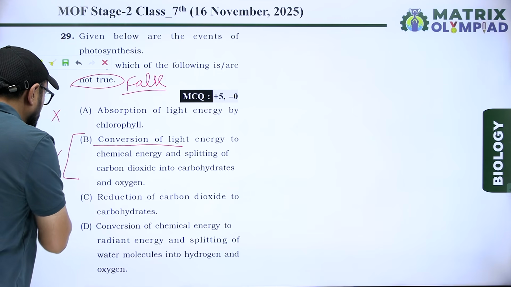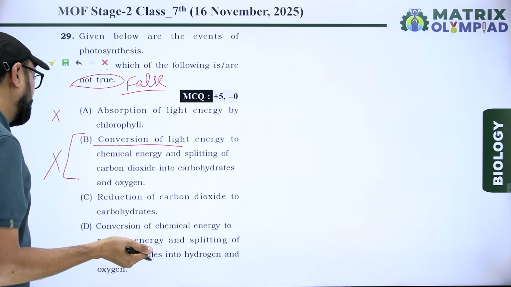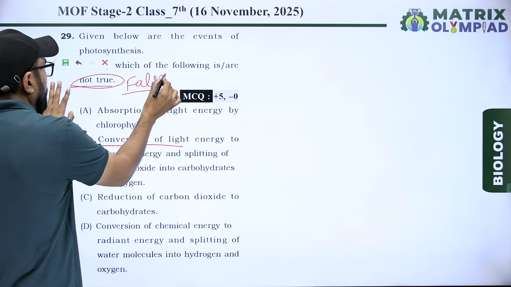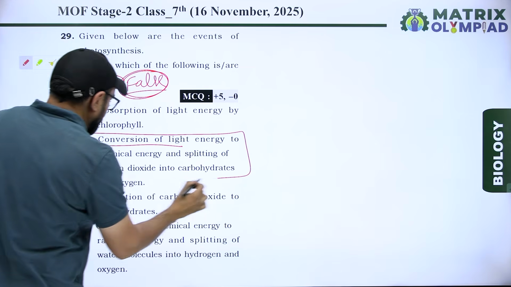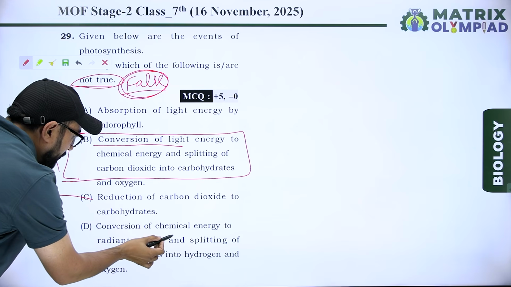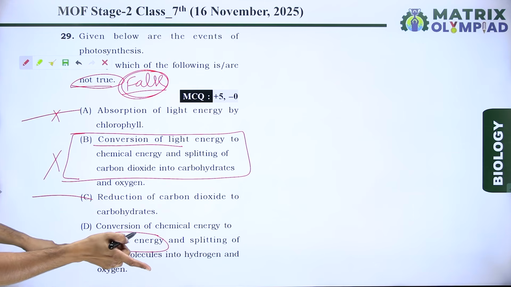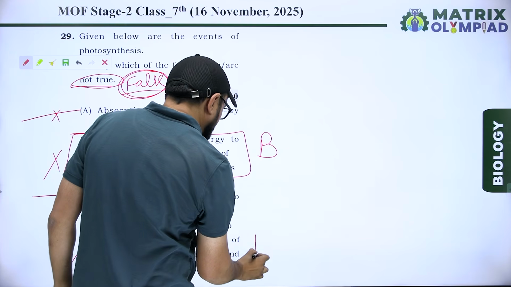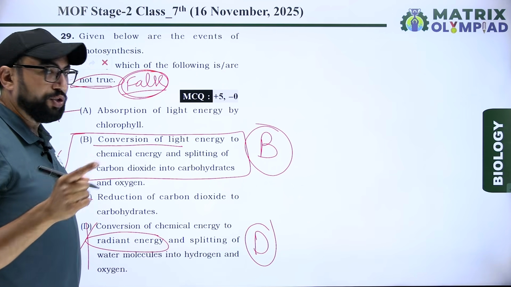Not true. C, reduction of carbon dioxide into carbohydrate, right. Not true means false, so C is true. D, conversion of chemical energy to radiant energy. Not true. So B and D are not true in the multiple choice question.